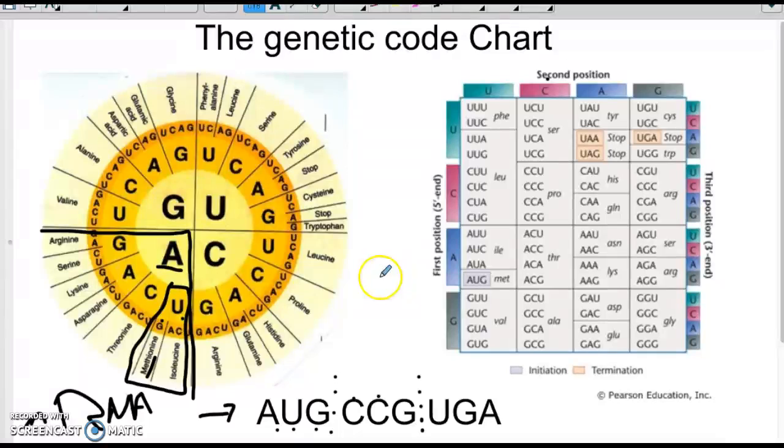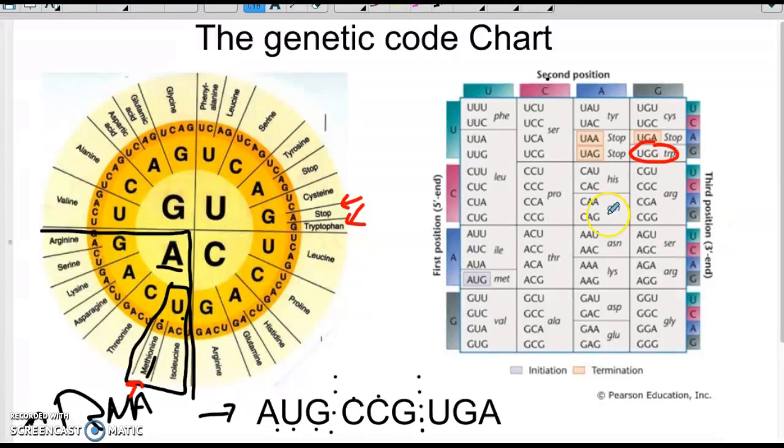If you also look on this table, you can see some that only have one, like tryptophan right here. Tryptophan only has one codon to code for it, and it's UGG. That's it. It does not have another codon. Same thing with MET. MET is only AUG. Same thing with this stop codon. It's UGA. That's it.